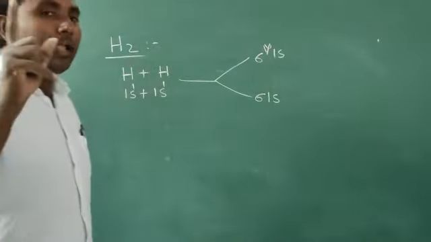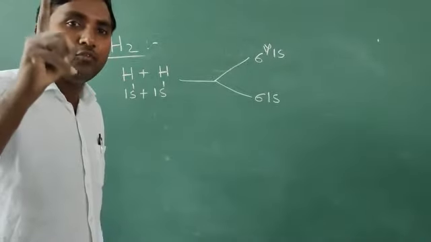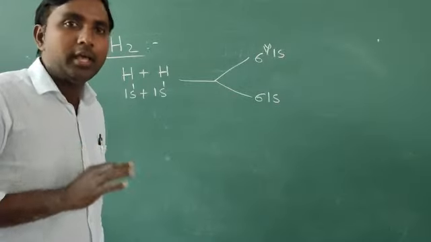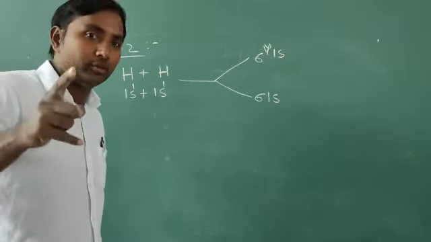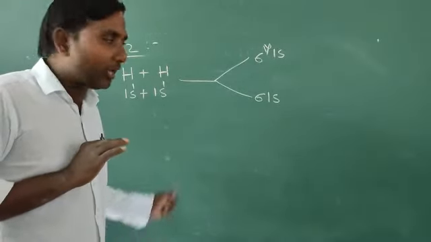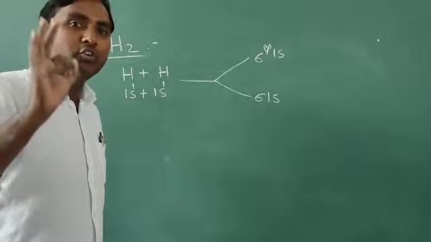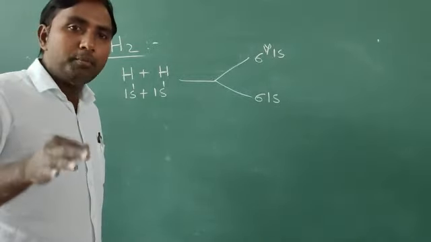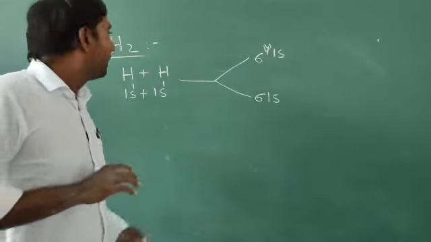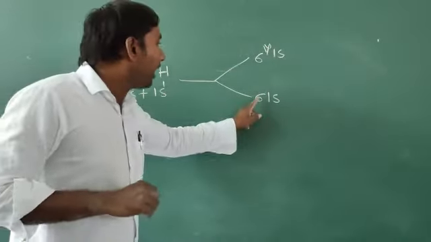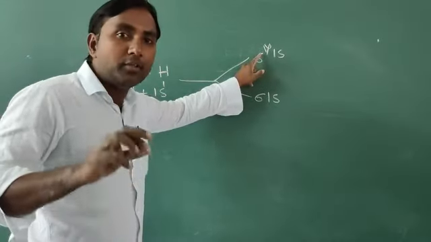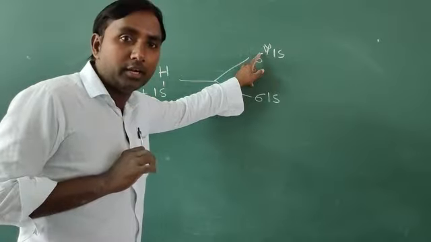In MOT we should follow Hund's rule, the Aufbau principle and Pauli's rule. Here also, like electronic configuration, we should follow the Aufbau, Hund's and Pauli's principles. For example, sigma 1s is the bonding molecular orbital and sigma star 1s is the anti-bonding molecular orbital.